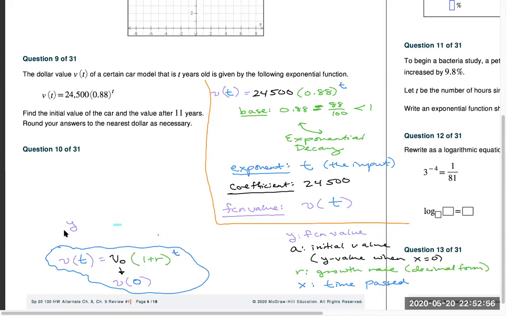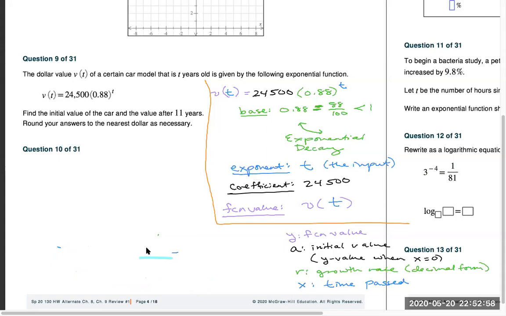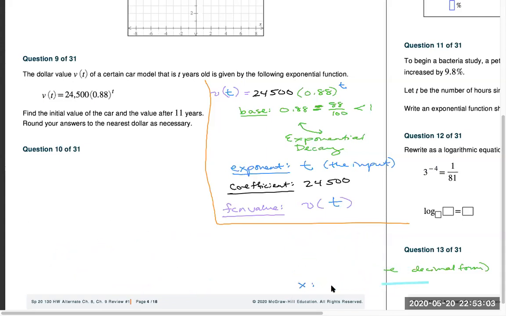Clear out this whole bottom part here. Okay, so now we get back to question 9 in detail. Find the initial value of the car.